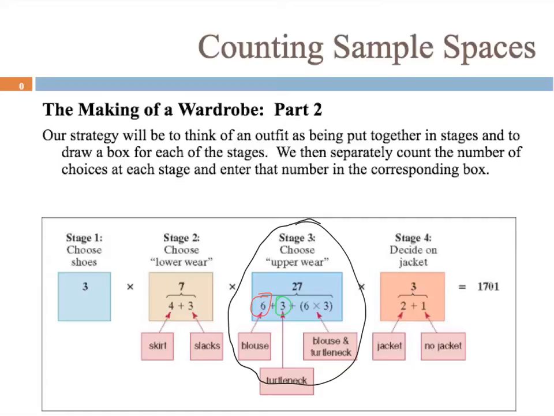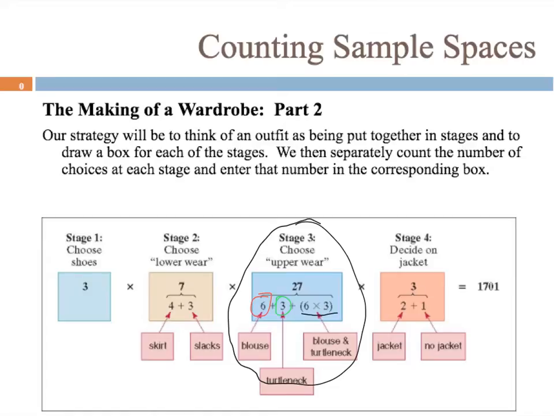But then the 6 times 3, let's say that she chooses to wear a blouse and a turtleneck. Well, those are all the combinations of ones we could put together. So we're going to multiply the 6 times 3, but also add the options where she chooses to wear just one of those items.